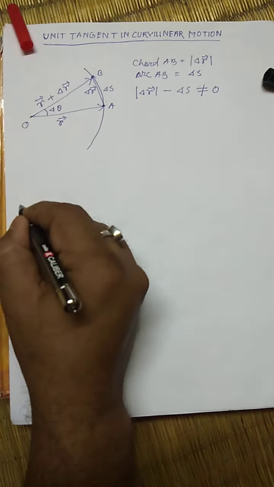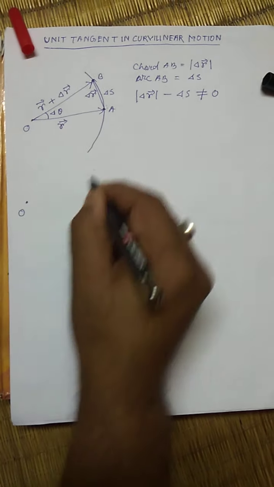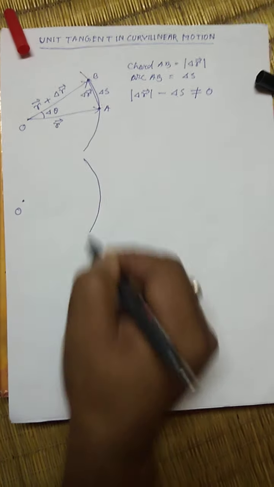Let's redraw. This is the origin O, this is a curved path.